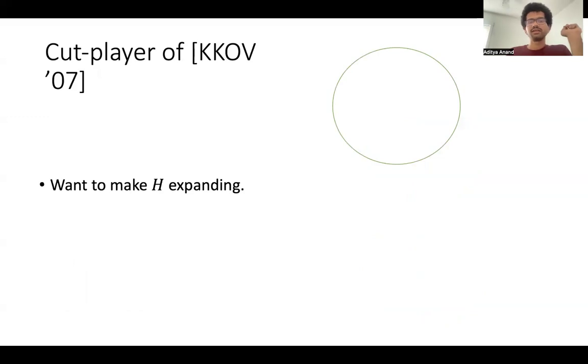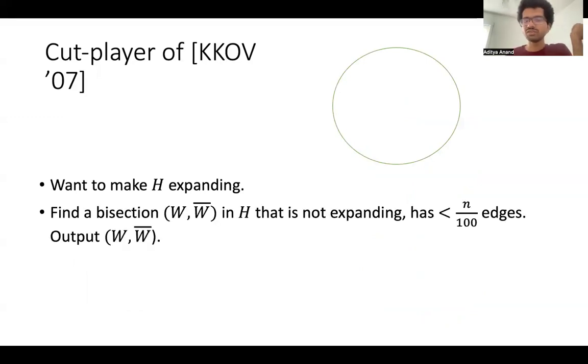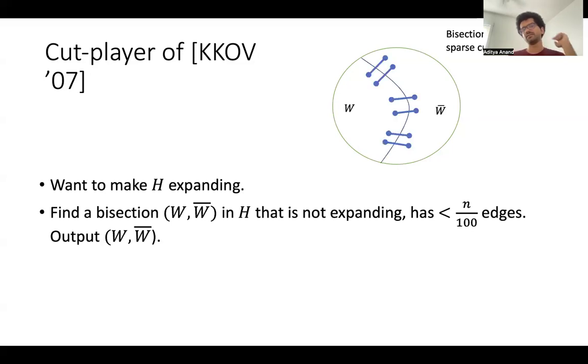First, let's again look at the cut player of the original cut player in KKOV. Since the goal was to make H expanding, the cut player needs to choose a cut. Cut player simply chooses a cut that is not expanding. So just find a bisection that is not expanding, has less than n over 100 edges, and output the bisection. Okay.